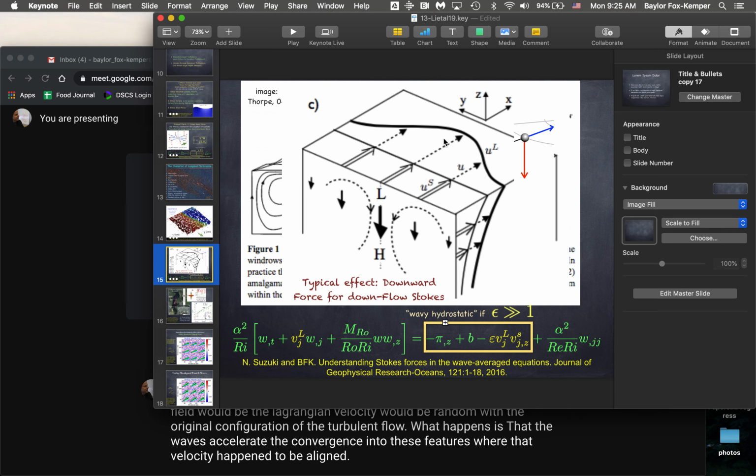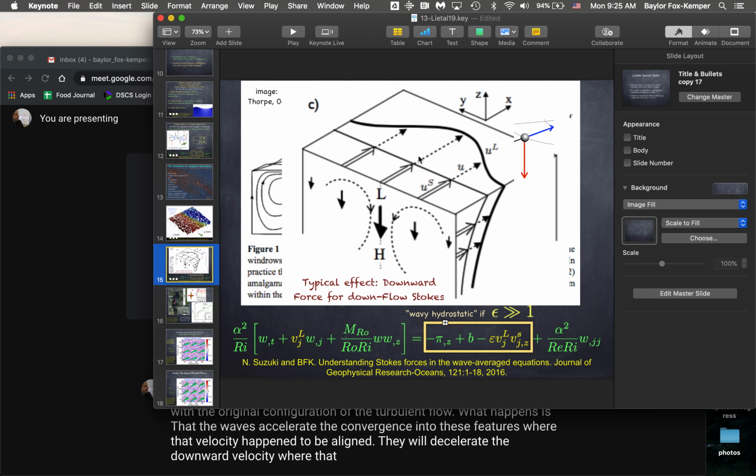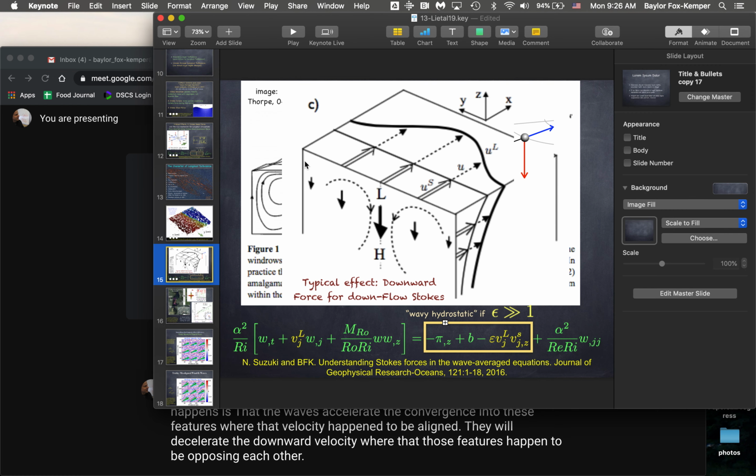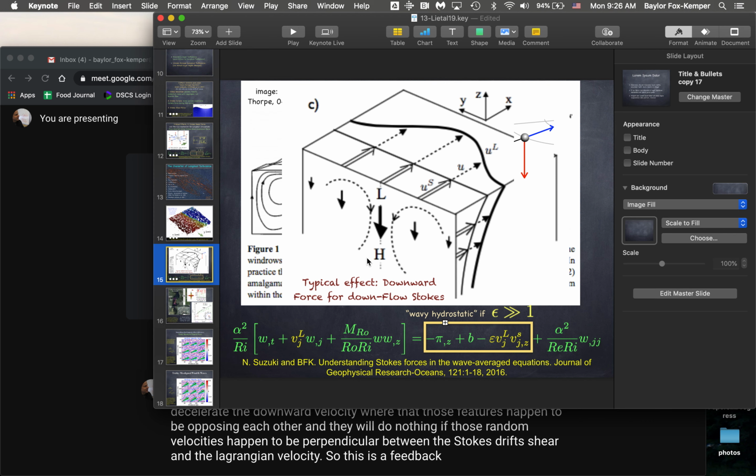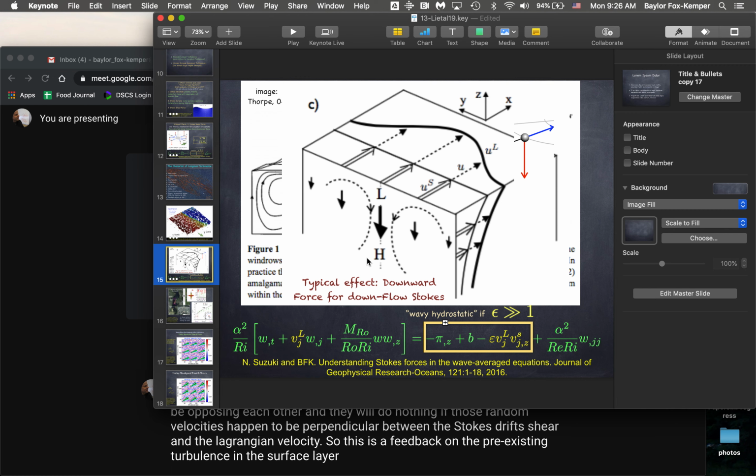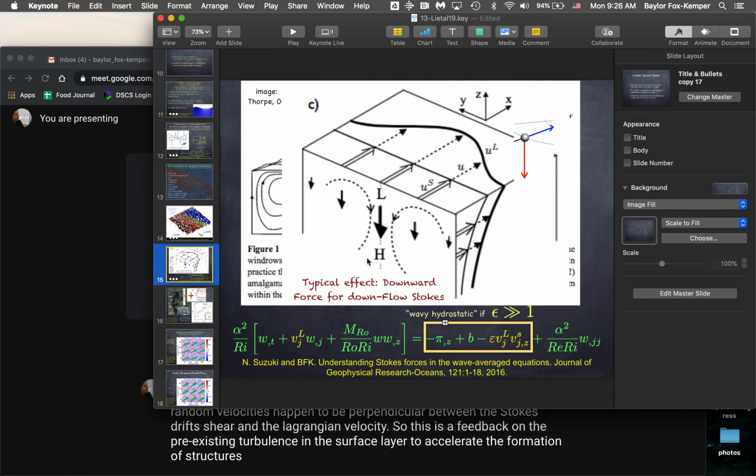They will decelerate the downward velocity where those features happen to be opposing each other, and they will do nothing if those random velocities happen to be perpendicular between the Stokes drift shear and the Lagrangian velocity. So this is a feedback on the pre-existing turbulence in the surface layer to accelerate the formation of structures that have this alignment.